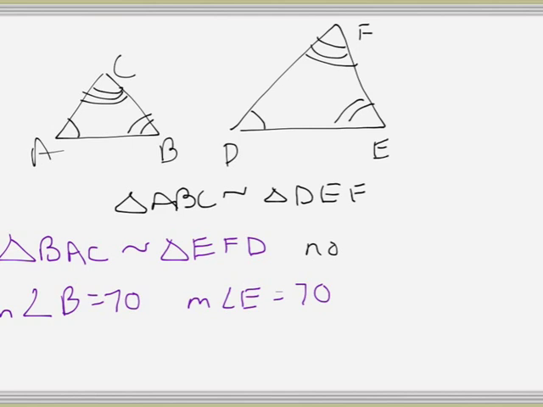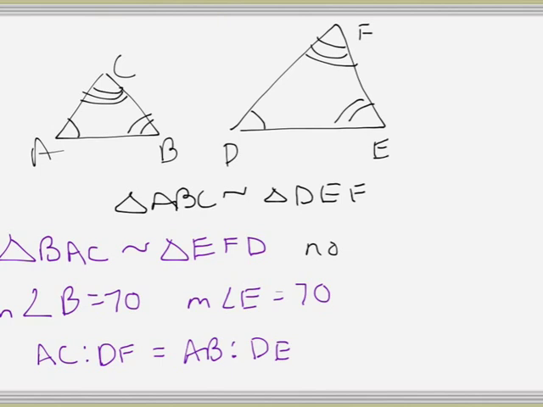Next question. Is it true that AC to DF is equal to AB to DE? So what we need to do is look at, are we matching pieces here?